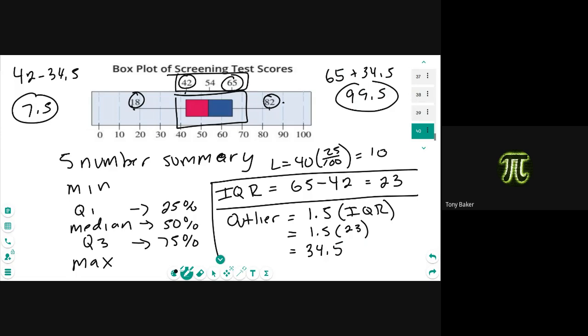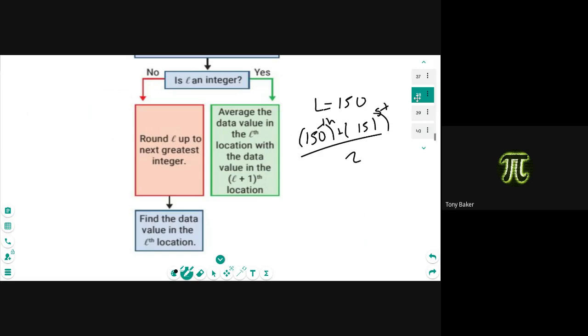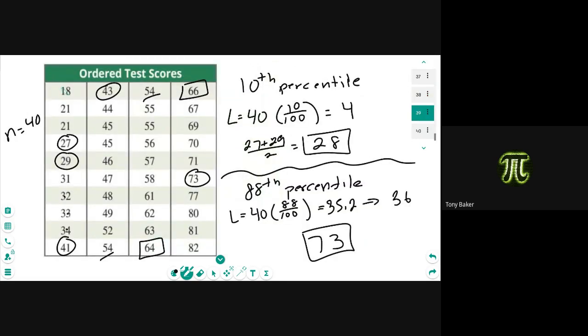Okay, so then there are ones not in the interquartile range, but are. They're between 18 and 82. And actually, if you look, the way this table was set up, there's 10 numbers between 18 and 42. Those 10 tests were in that first quarter.